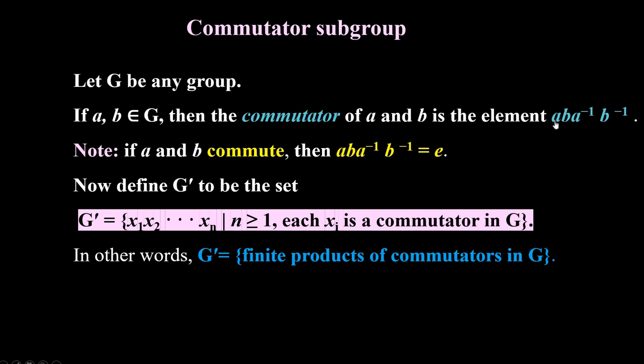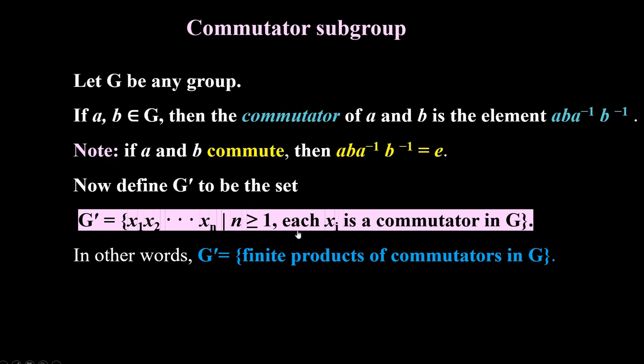So that is an element, another element, and then the first element's inverse, the second element's inverse. Now if a and b commute, then this will be just E. That's very obvious.